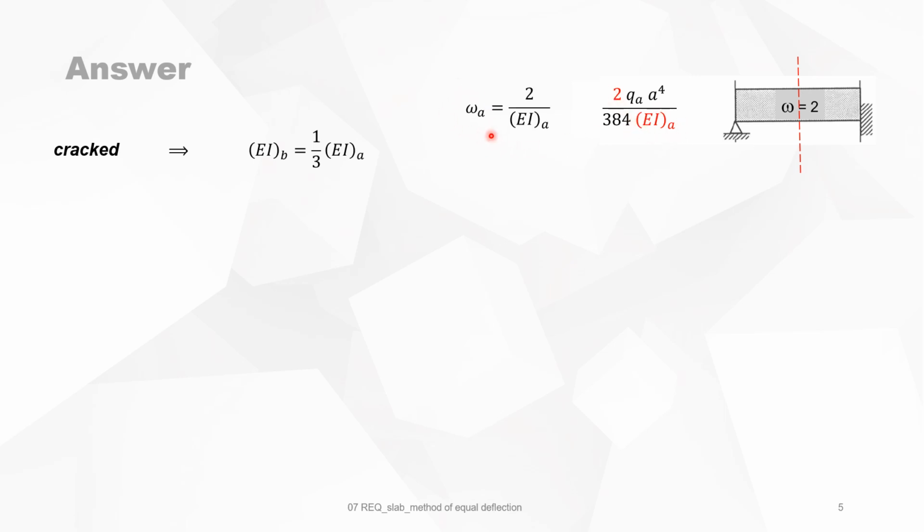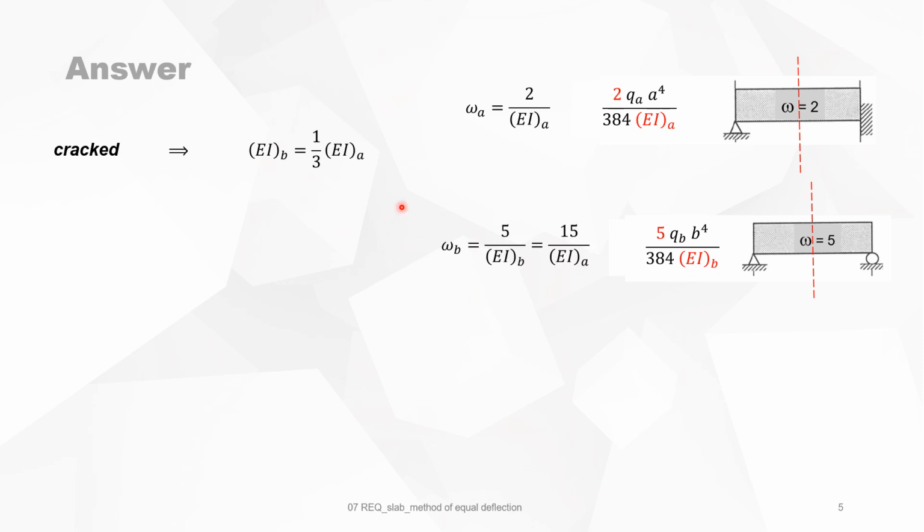So omega A is now 2 divided by the stiffness in the direction of A. For B, again, the deflection at midspan and 5 and the stiffness in B are now the parameters. So omega B is 15 divided by the stiffness in the direction of B, or it's this stiffness in direction A divided by 3. So you got this.